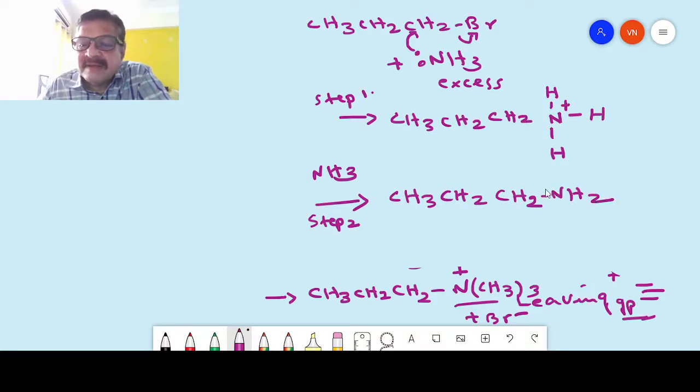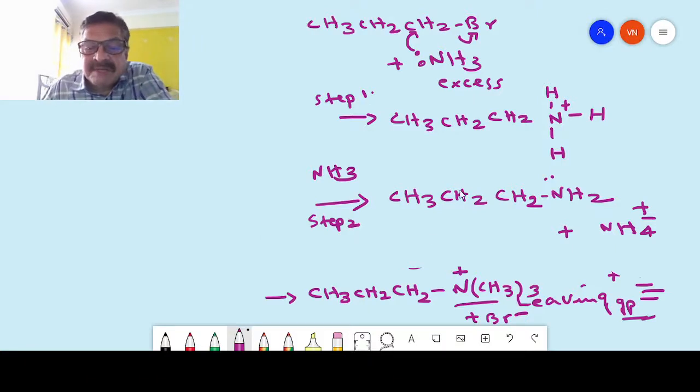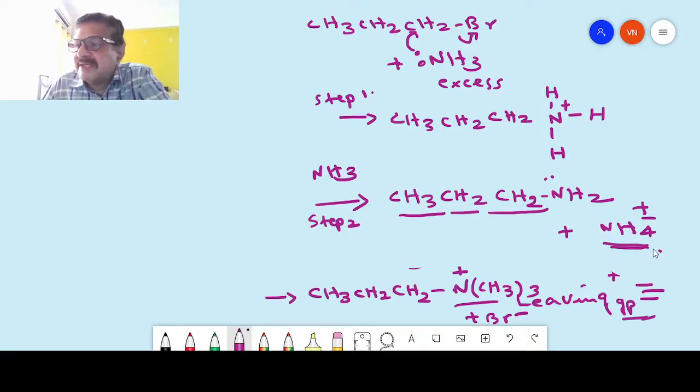It's an amine compound that is formed here. Then we get NH4 plus. That is the reaction taking place in excess of ammonia here. So this is the neutral product, and this is the positively charged NH4 plus here.